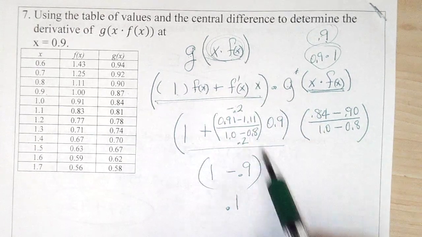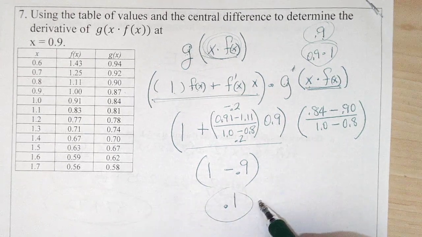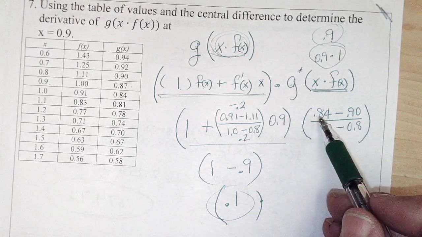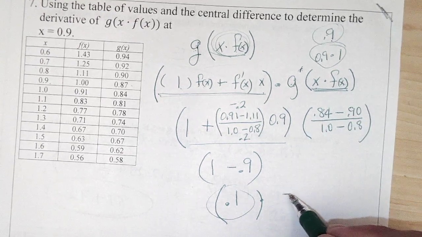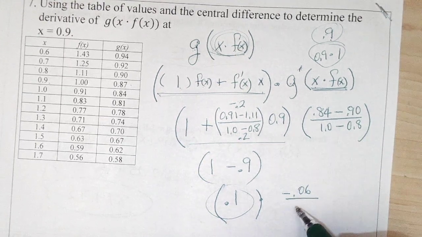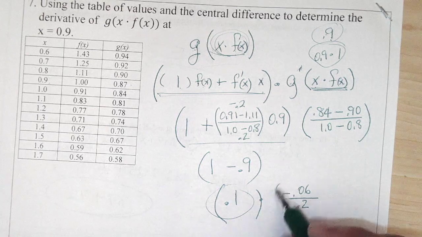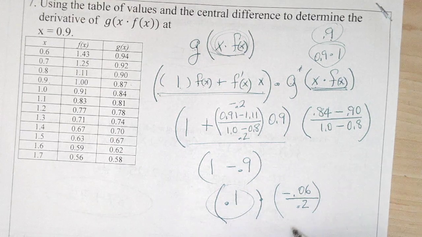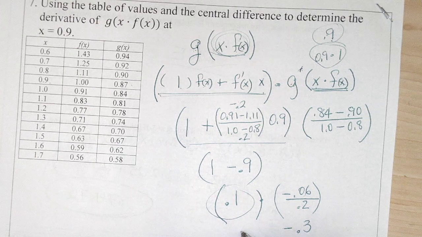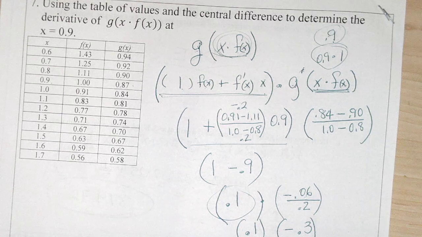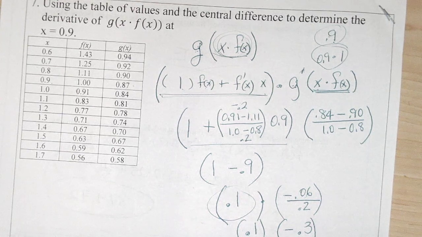So this whole thing comes out to be 0.1 times this. 0.84 minus 0.9 is minus 0.06 divided by 0.2. So that, if I move the decimal one place, that comes out to be minus 0.3 times 0.1 is minus 0.03.